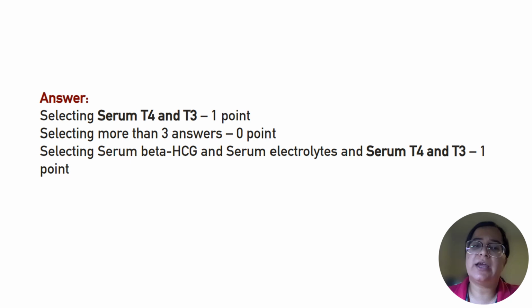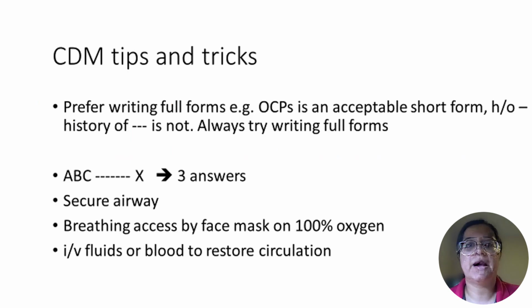You can also think that this can be a vague symptom of maybe pregnancy, because TSH molecularly mimics beta HCG. This might be due to increased serum beta HCG also. So it doesn't matter if you choose T3 T4, serum electrolytes, and serum beta HCG also. But if you end up choosing a fourth option, you'll be given 0 marks even though those options were correct.